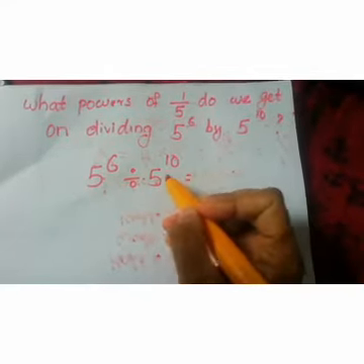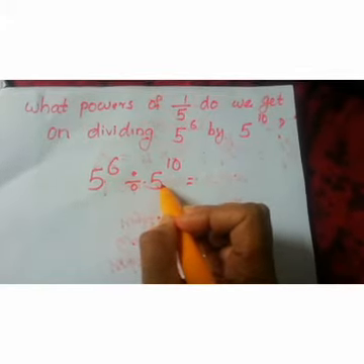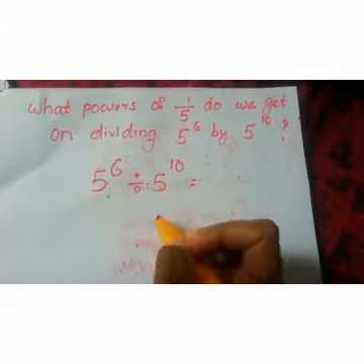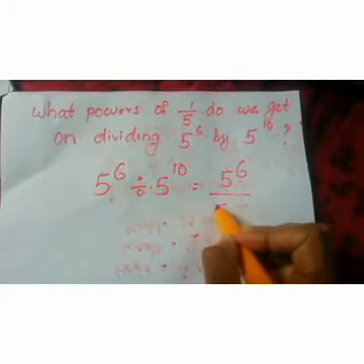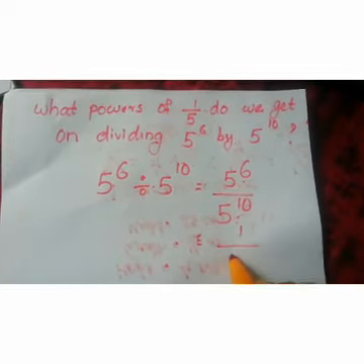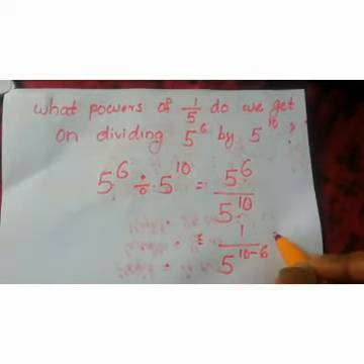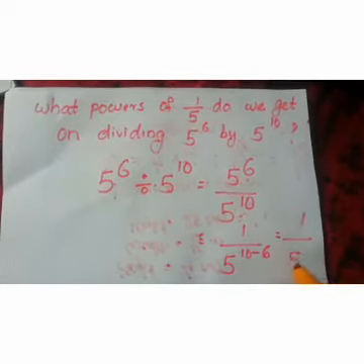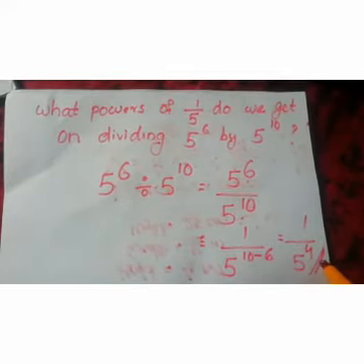As we have familiarized with these kinds of problems, here the denominator is larger than the numerator. So 5 raised to 6 divided by 5 raised to 10 should be 1 by 5 raised to 10 minus 6, which equals 1 by 5 raised to 4. This is the answer for this question.